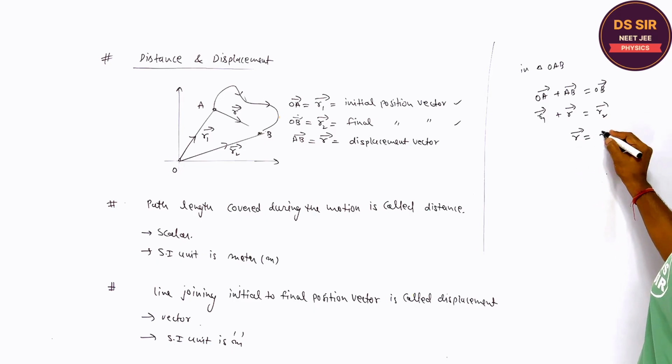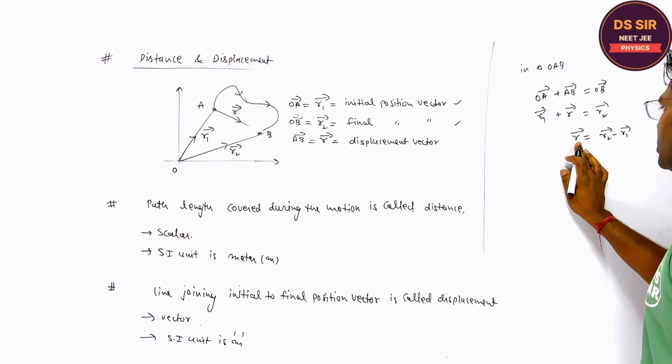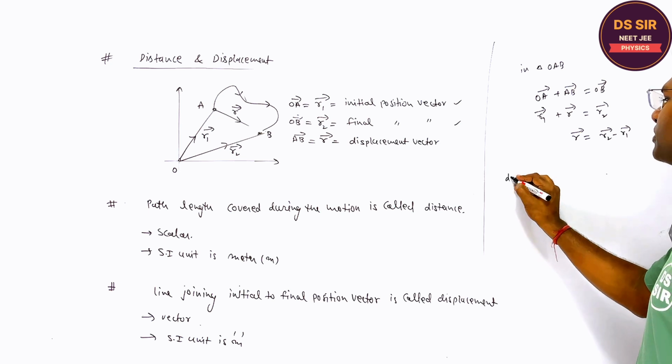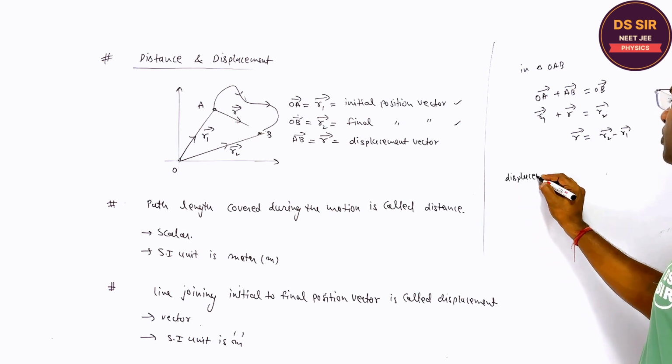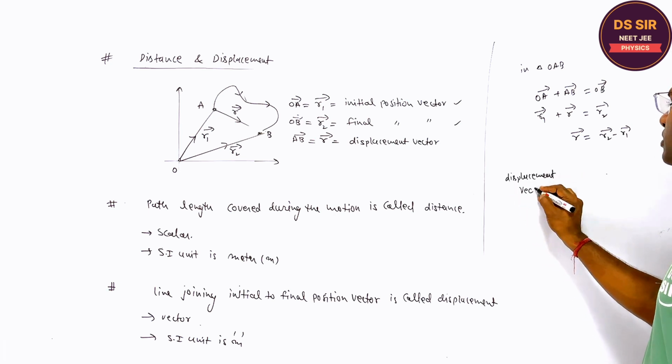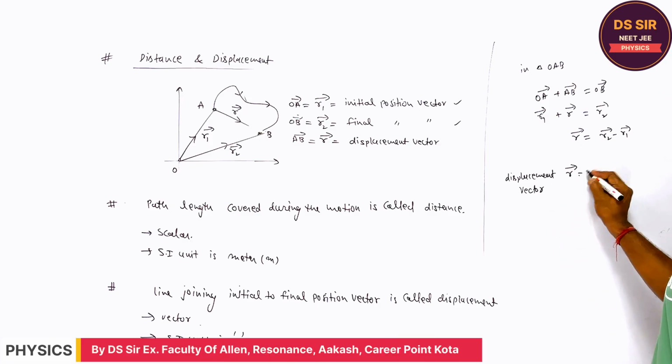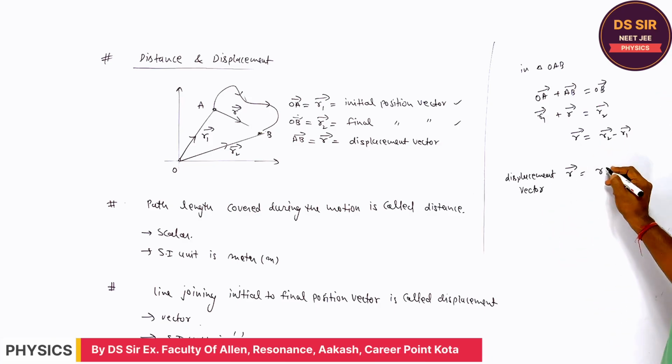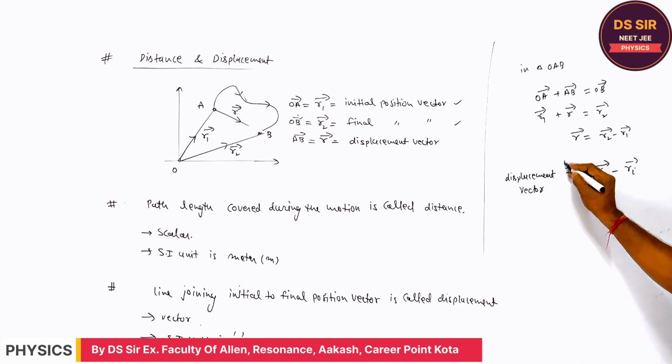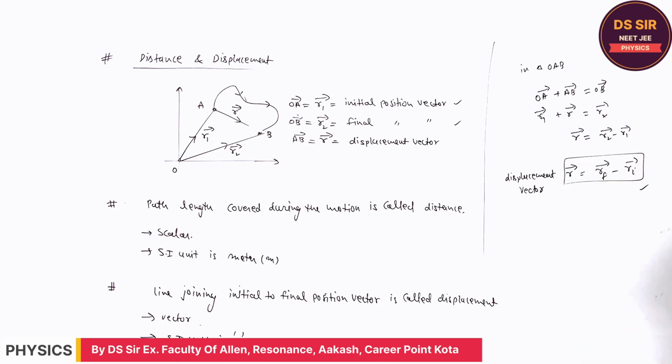So R is nothing but R2 minus R1. That is the displacement vector: the final position vector minus the initial position vector. In this way, you can find the displacement.